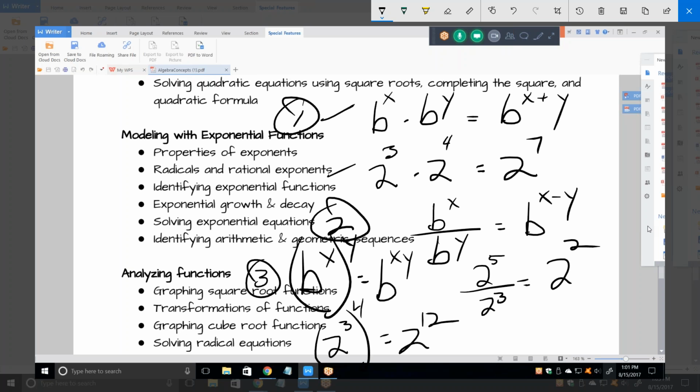Now notice what's going on in each case here. Here I am multiplying. What do I do with the exponents? Add them. One level less than multiplying. Here I'm dividing. What do I do to the exponents? Subtract them.